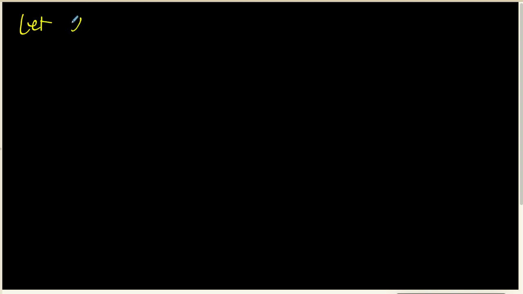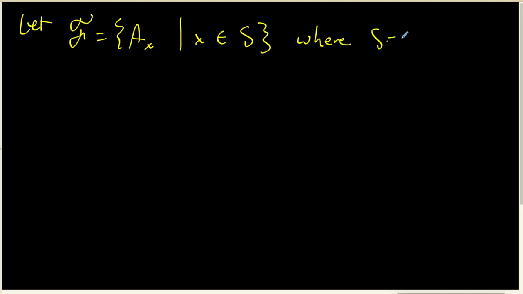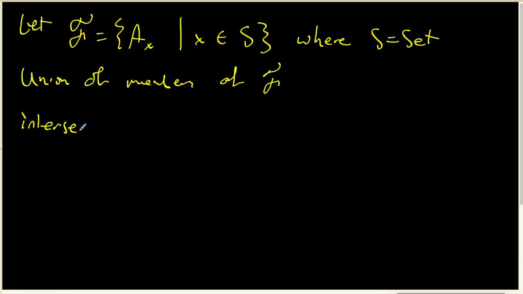So if I have an arbitrary family of sets where every member of the family is an A sub x, where x belongs to some indexing set named S, we can talk about the union of all of the members of F. We can talk about the intersection of all of the members of F. But we need some decent notation for describing those things, as well as a precise set theoretical definition.